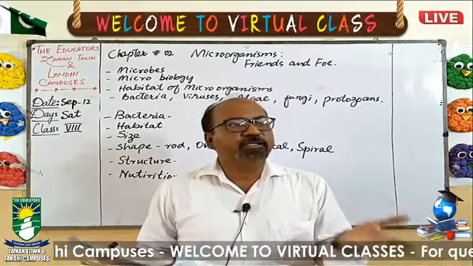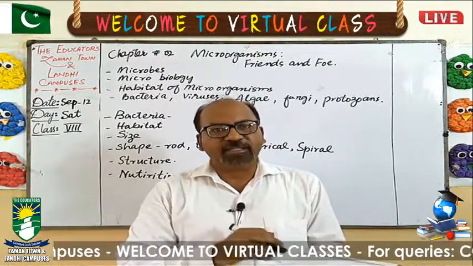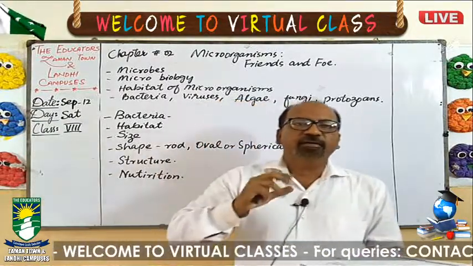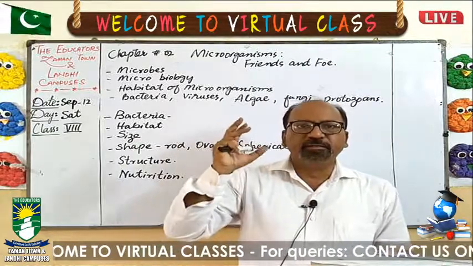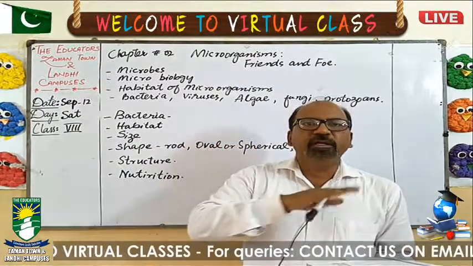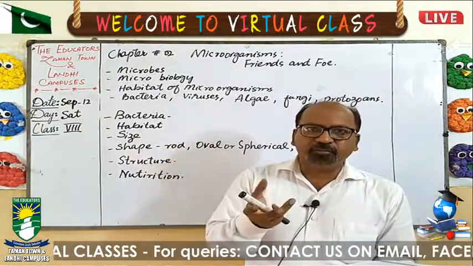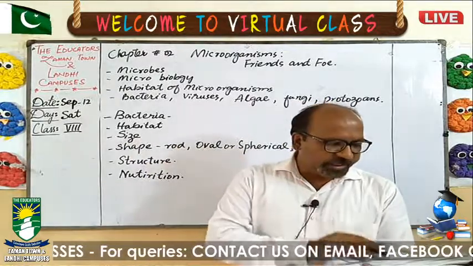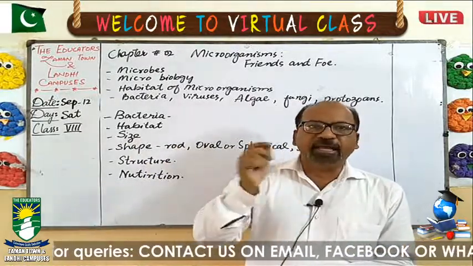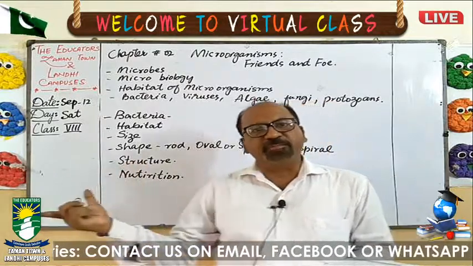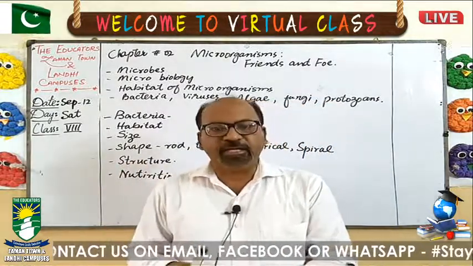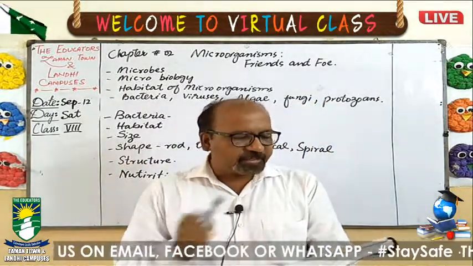As we have discussed, if they live on other living organisms and take food from them, they are called parasites. If they take food from dead organic matter, they are called saprophytic bacteria. So these are the modes of nutrition.